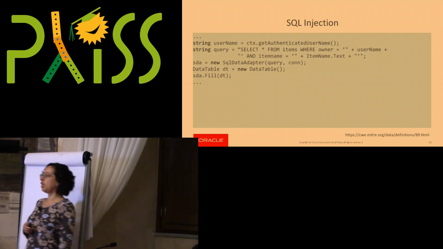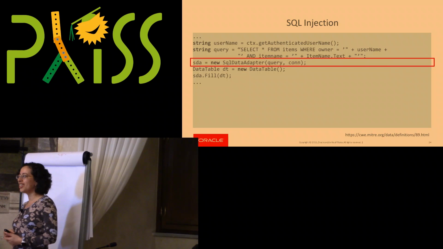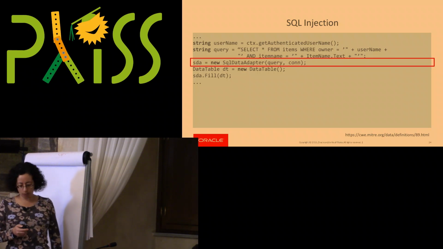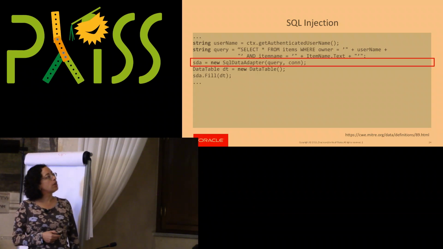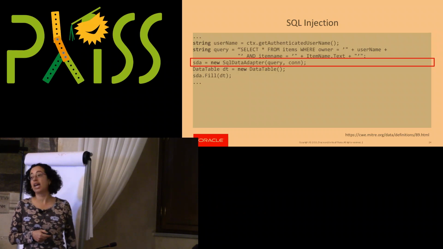So the issue here, I think several of you have already inferred what it is. With SQL injections, when we're using strings for SQL queries, we need to be very careful with those parameters. In this case, we have an authenticated username, so that's not the issue. But what do we have here in terms of the text for the item name?